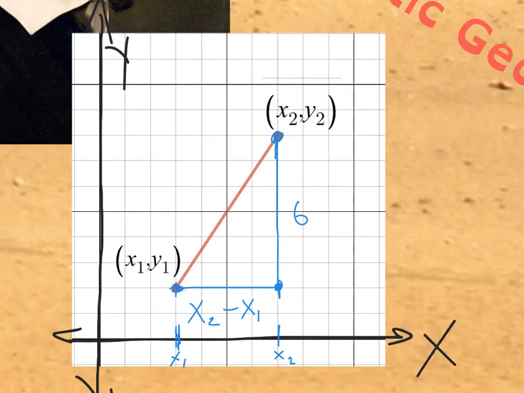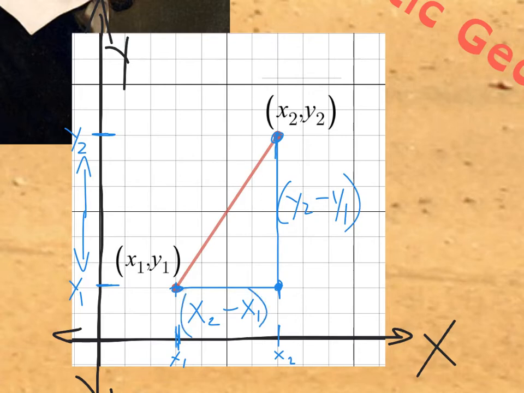And if this height up here is at y2, and this height down here is y1, remember the y value is the height, how far apart are these 2 things? Well, again, let's pretend like this is general. Let's ignore that 6, because these points could be all over the place. So this is y2 minus y1. So that's the vertical distance and the horizontal distance.